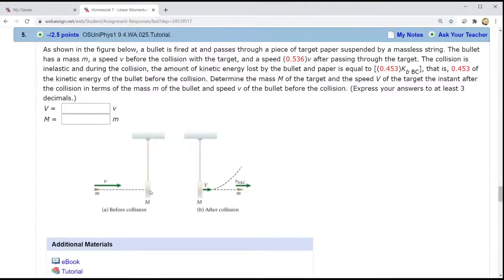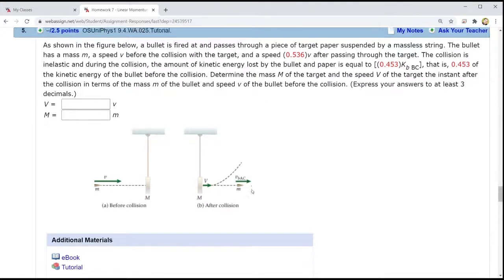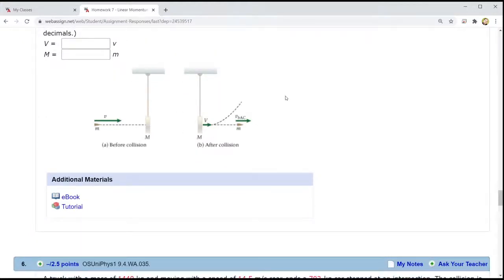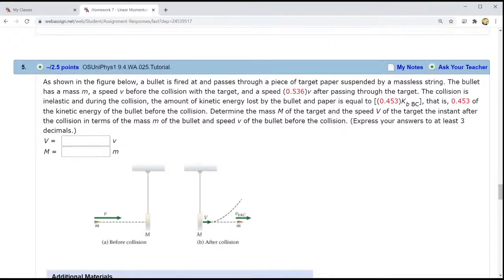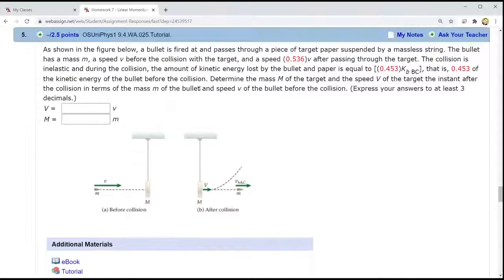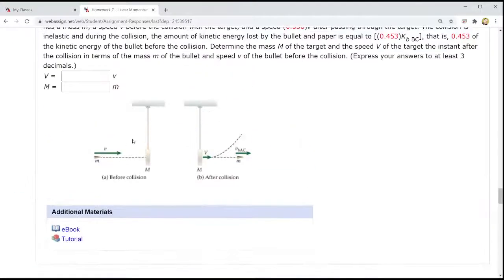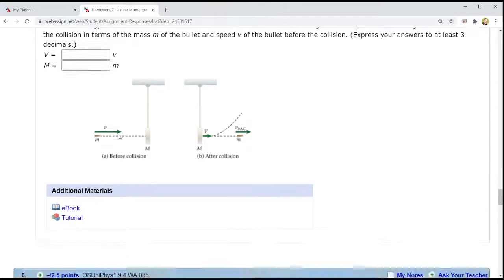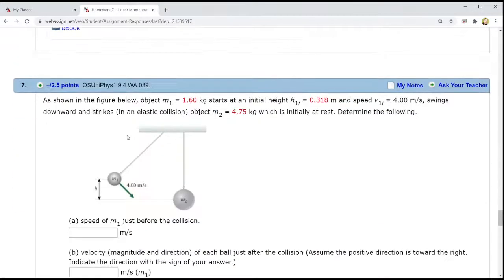Instead of the bullet getting embedded in the object, it passes right through, but the collision imparts some momentum to the object hanging down here. We worked through this on Friday, and I'll keep an eye on how you're doing on this problem and then reassess.